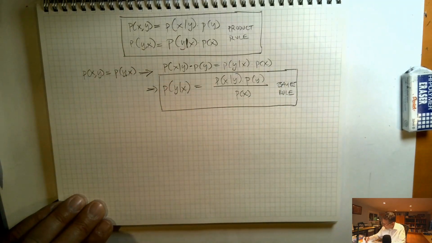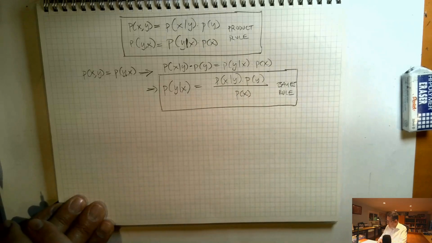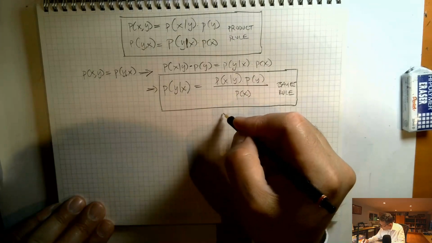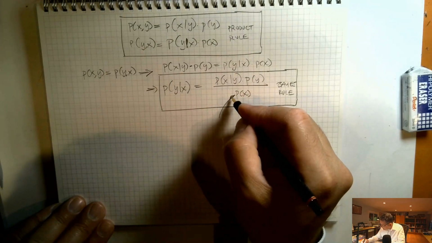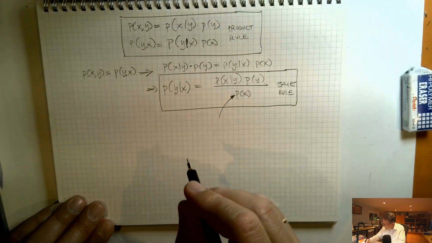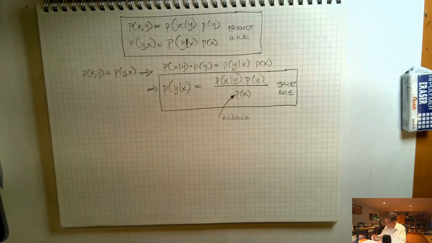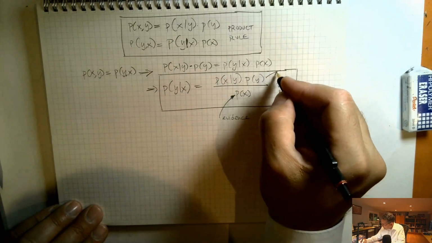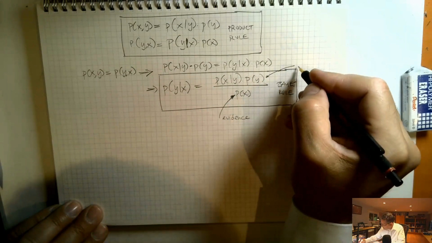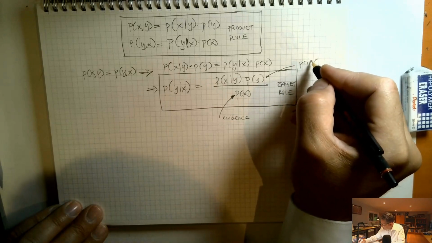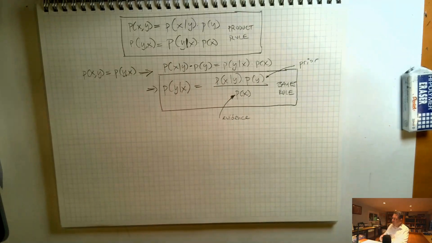Some of the components over here have taken the following semantics in this kind of discussion. This is called evidence. It tells a story about the data. This is called prior, and it tells us something about the y before we actually start any experiment.